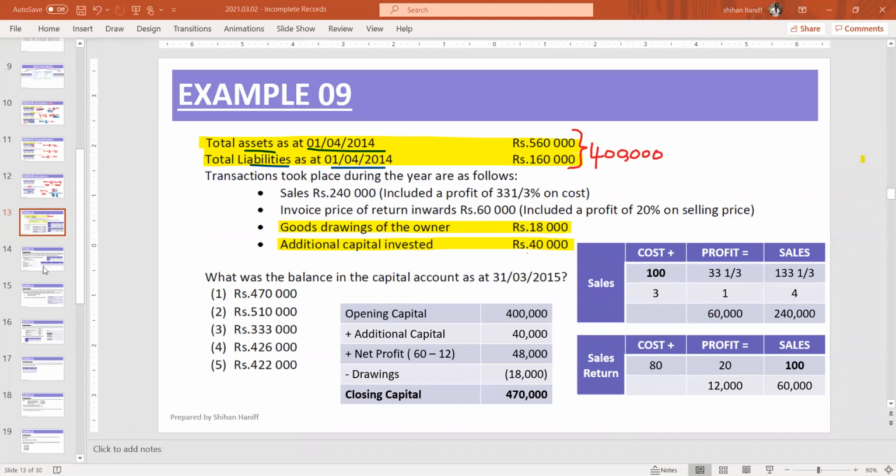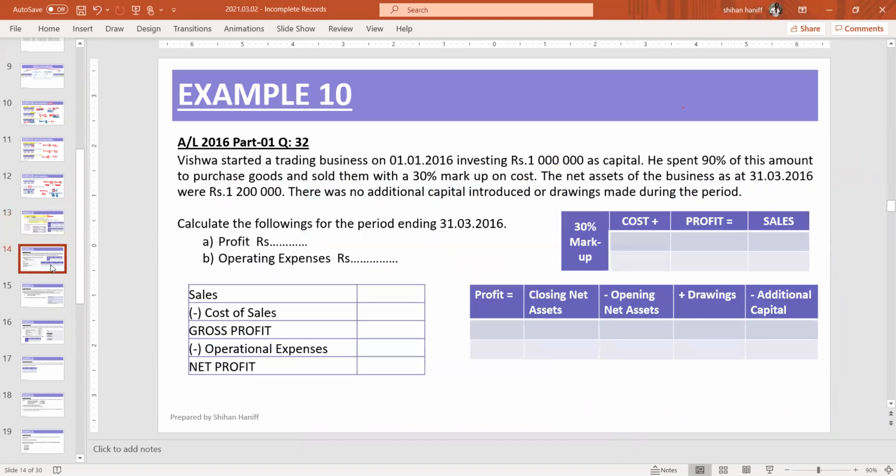Okay. Do the next question. Example 10. Can you do this?